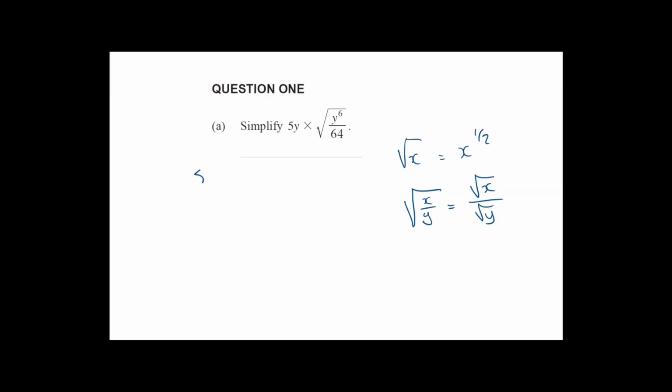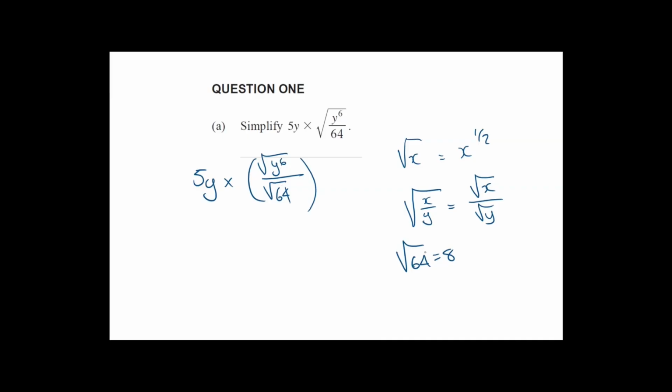So if we copy this down, this is going to be the same as the square root of y to the 6 over the square root of 64. Now you should know that the square root of 64 is, of course, 8. You should pretty much know that.